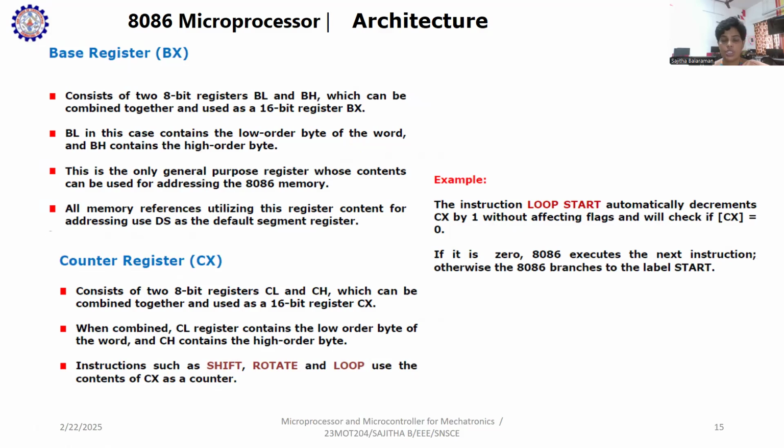Instructions such as shift, rotate, and loop use this counter register. Let us consider an example. The instruction LOOP START automatically decrements CX by 1 without affecting the flags and checks if CX is equal to 0. If it is 0, 8086 executes the next instruction. Otherwise, 8086 branches to the label START.